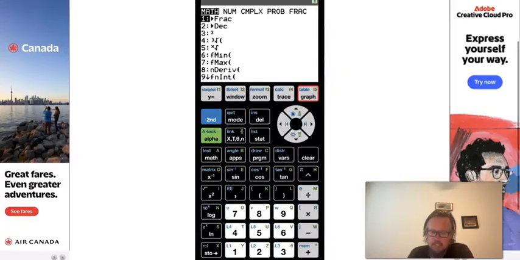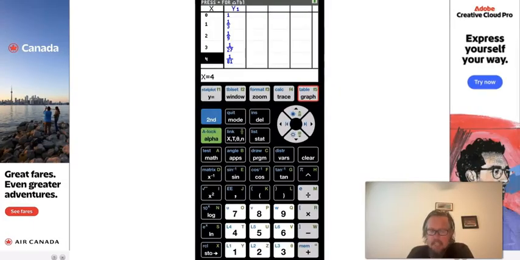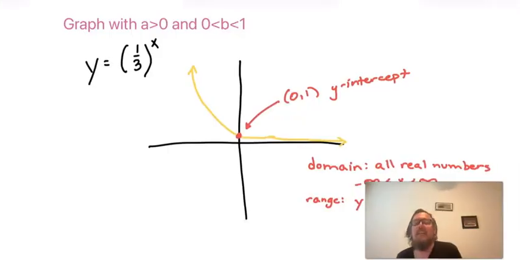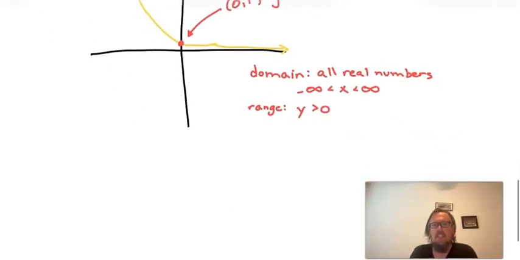If we go back to our table, as our x's get bigger, our y's get smaller, but they're never going to get negative and they're never going to hit 0. Just like last time, the calculator will eventually show us 0 when we get to a negative 99 exponent on our scientific notation, but that's not because it actually equals 0. That's because we reached the limit of what the calculator can show us.